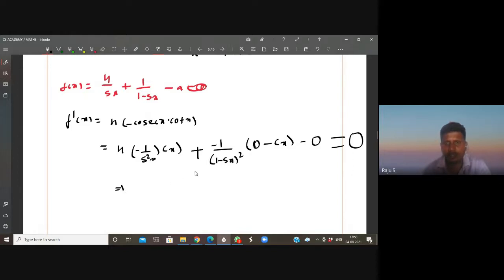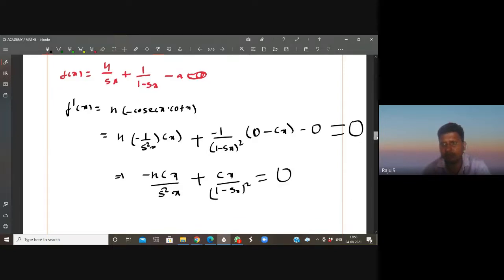Right, students? So now you can take the LCM, right? Anything common? Nothing. Minus 4 cos x by sin square x plus cos x by 1 minus sin x the whole square is equal to 0. So what shall we do?